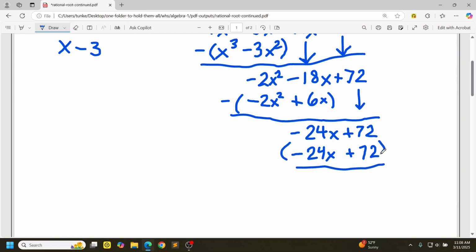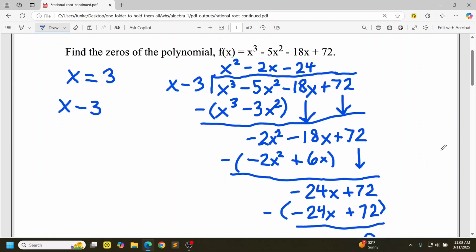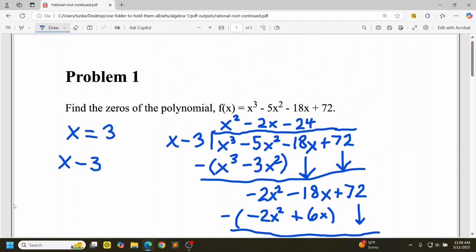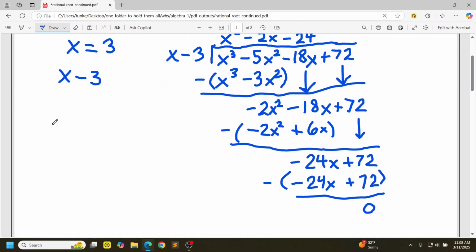And if I subtract this off, I've got a remainder of 0, which we should be getting. So now we want to factor x squared minus 2x minus 24. And I'm looking for numbers that multiply to negative 24 but add to negative 2. So I'm going to pick positive 4 and negative 6.